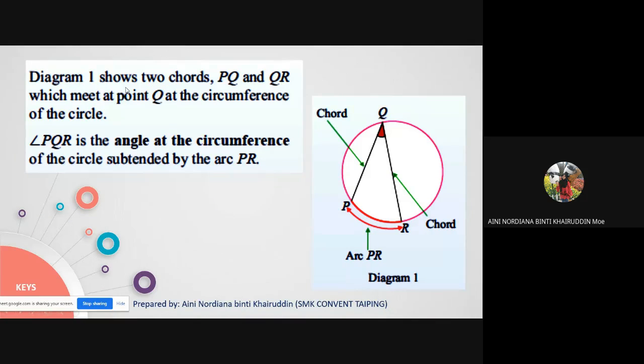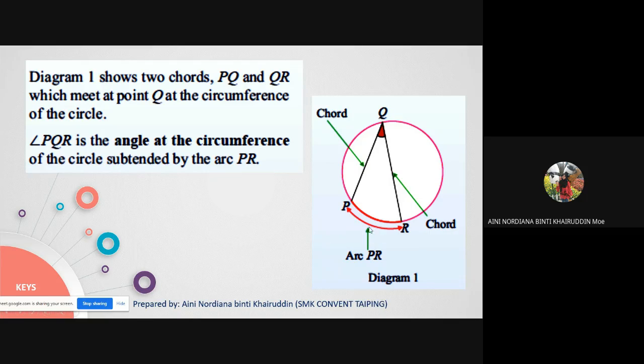Okay, diagram 1 shows two chords, which is PQ and QR, which meet at point Q at the circumference of the circle. Angle PQR, this one, is the angle at circumference, subtended by the arc PR.